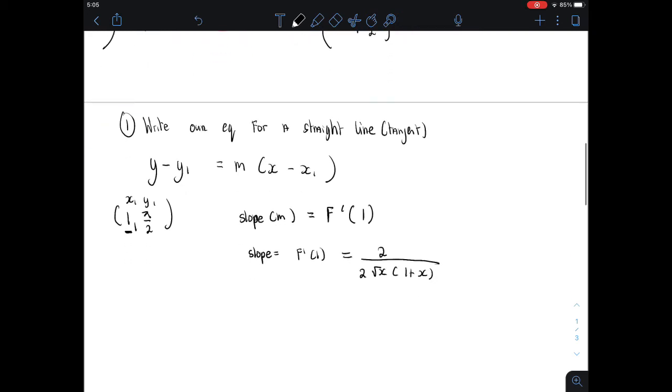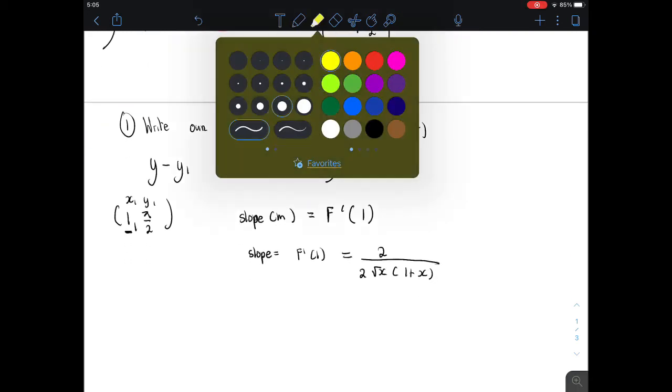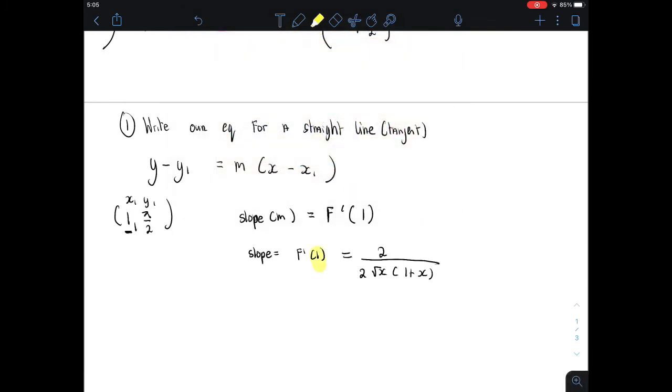We want the derivative when x is equal to 1, so we substitute in 1 everywhere we see x. This gives us f prime of 1 equals 2 over 2 root 1 times (1 plus 1).